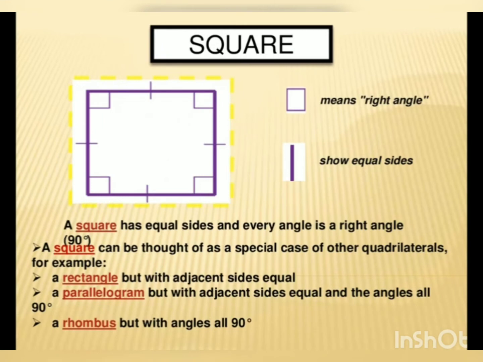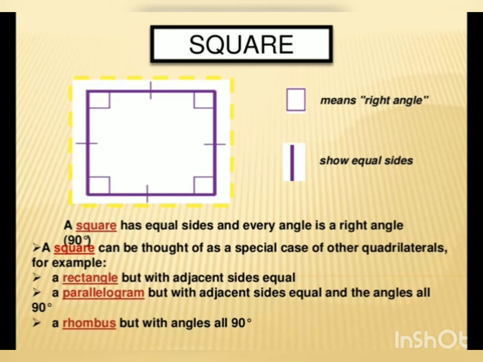Next, square. A square has equal sides and every angle is a right angle, that is 90 degrees. Now for the properties of a square: opposite sides are equal, opposite sides are parallel, opposite angles are equal, adjacent angles are also equal. All sides are equal.